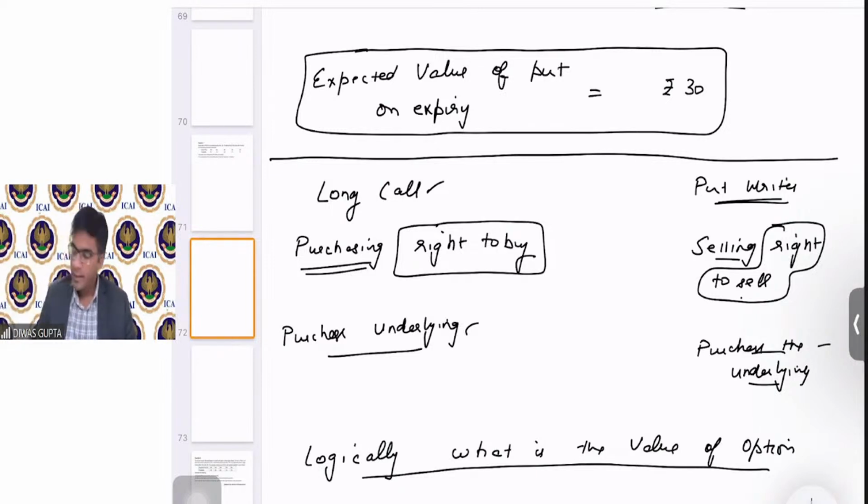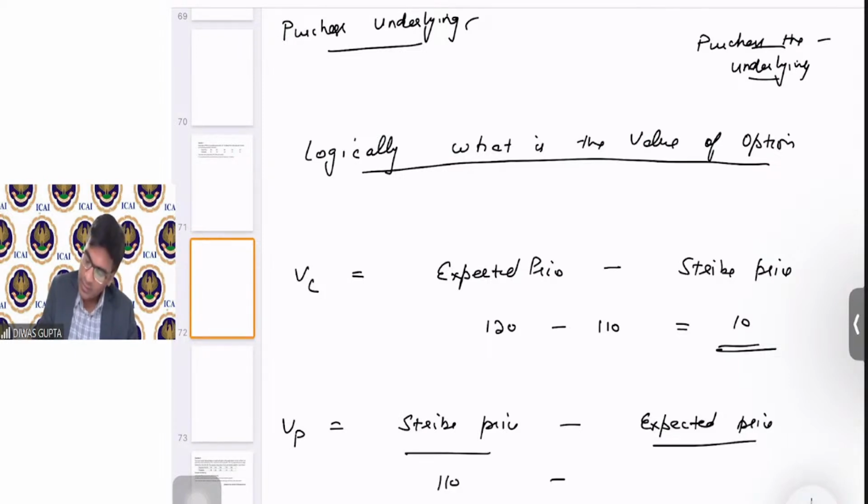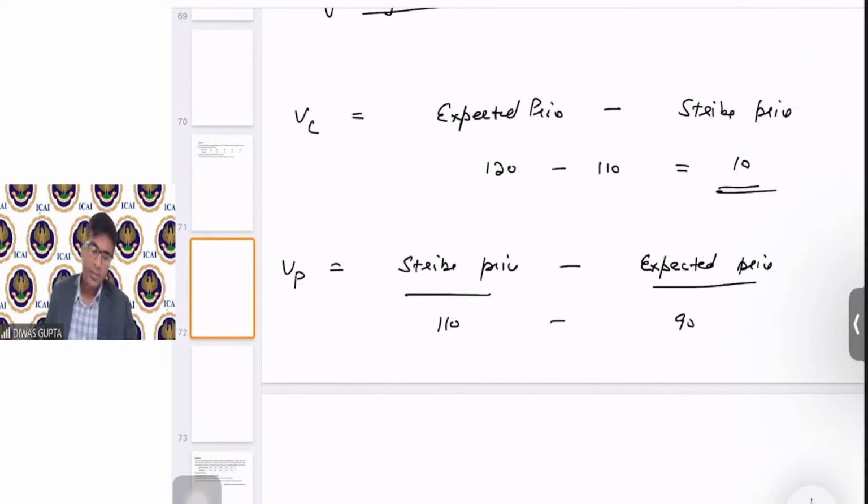Similarly, the value of the put option will be strike price minus expected price, which is, let's say, 110 minus 90.